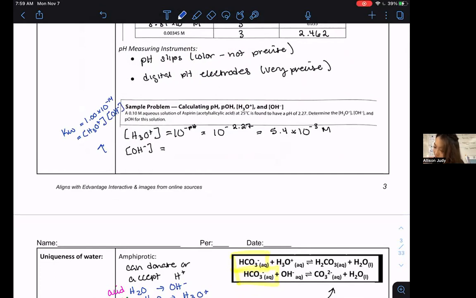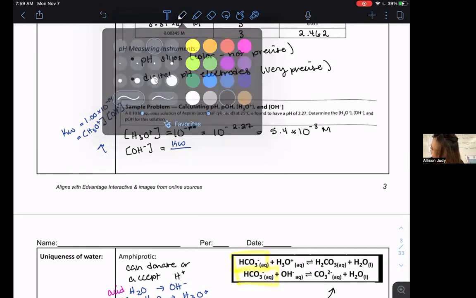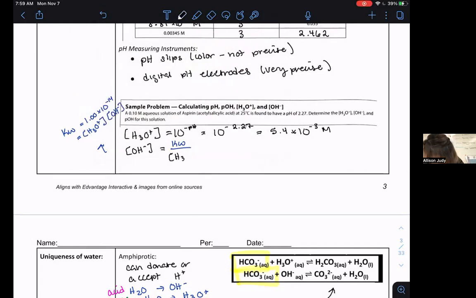So I can rearrange that equation and OH minus becomes KW all over the concentration of H3O plus.